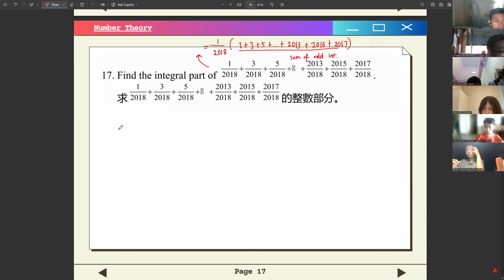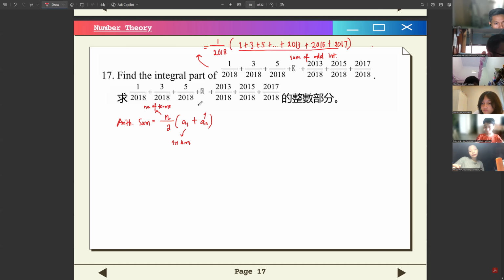So we can just use the arithmetic sum formula. What was it again? Number of terms over 2 times the sum of the first term plus the last term. Let me label it, in case you forget. N is for the number of terms. A1 is for the first term.